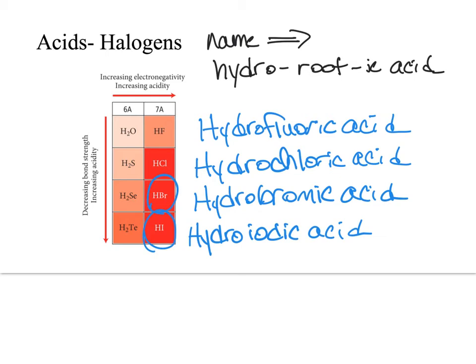And as a matter of fact, we don't even keep these really in the stock room because of the strength of the acid. The only one on the list of those, HF, hydrofluoric acid, is a weak acid. We use hydrochloric acid all of the time in the laboratory. It's one of the most common acids that we use for routine laboratory work.